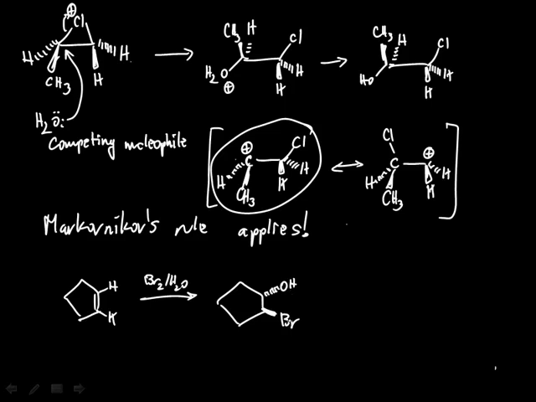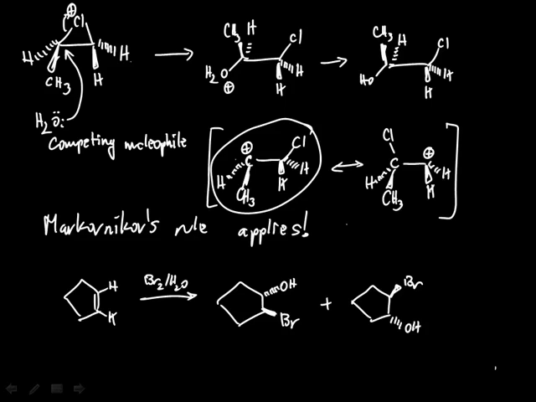Because this is a symmetric alkene, it doesn't really matter which carbon is attacked, so we get both products, in this case, both enantiomers of our product. Again, this is a general phenomenon that the competing nucleophile can compete with Br- or Cl- in opening the corresponding bromonium or chloronium ion to give us these products with two different functional groups.